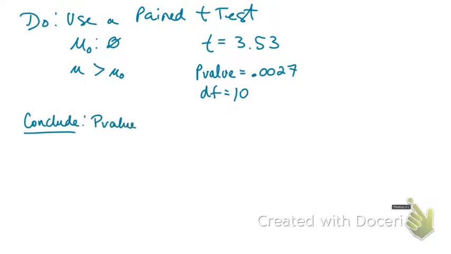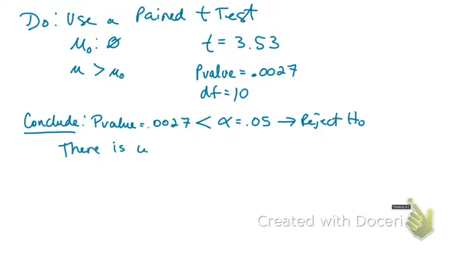P-value equals 0.0027. How does that relate to the alpha in this problem? That is less than the alpha of 0.05. And if our p-value is lower than alpha, we are going to reject the null hypothesis. If we are rejecting the null hypothesis, do we or do we not have convincing evidence?